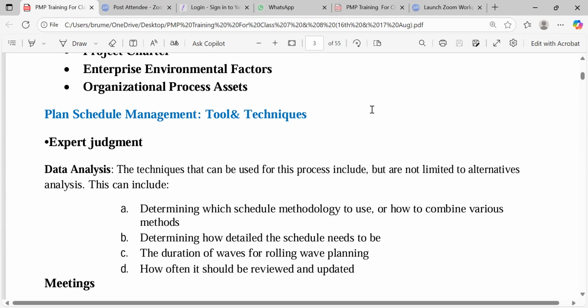So that's about rolling wave planning. That's how we plan. Most of the state-of-the-art projects are like that. They are adaptive. And then in this area of data analysis, we would come up with the knowledge of how often we should review and update this schedule.